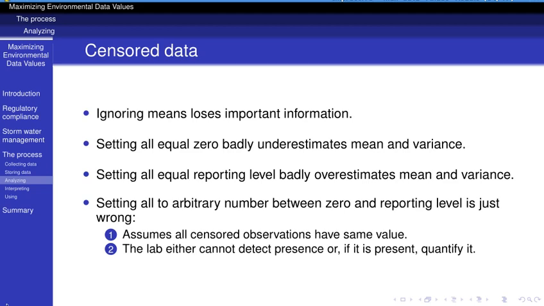Second, censored values mean we cannot determine whether the chemical is present in the sample, and if it is, we cannot measure its concentration. Therefore, any number you pick is as meaningless as any other number, and they all distort the frequency distribution of the data, rendering it useless for making regulatory decisions.